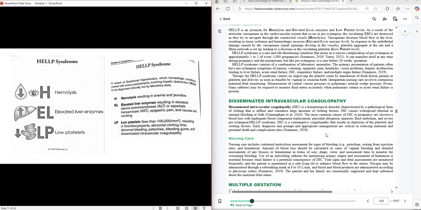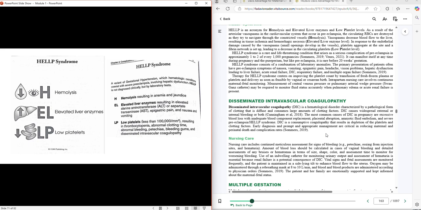Okay, and it depletes those platelets. This is very, very critical. So you're assessing again for the bleeding. Because it's over clotting, it's used all of our platelets up. Okay, we're watching for fetal distress, we're watching for oxygen depletion in the mom.